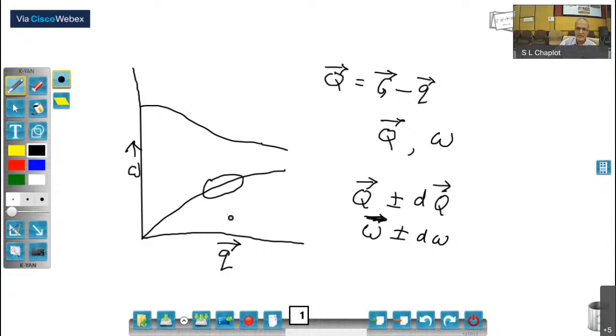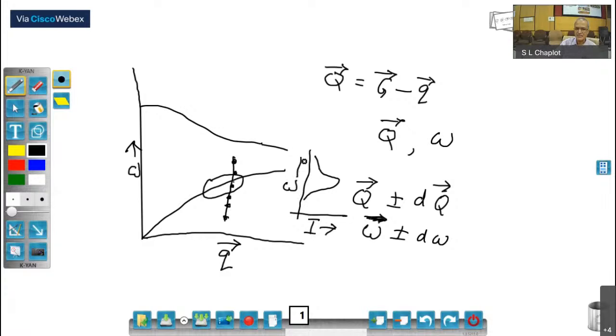Now assume that I am doing a constant Q scan. So I am going to scan at different points. The spectrometer will be set at different points, and I measure the intensity. If you plot the intensity along the omega, then you should get a peak corresponding to the frequency.